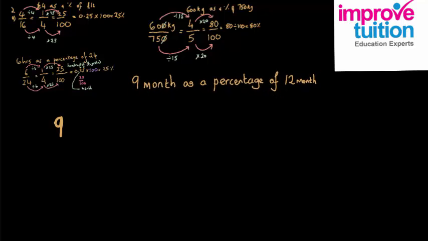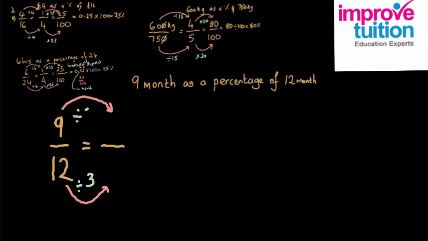What's the percentage? Well, 9 over 12 equals, well, we know that 3 goes into both of them, 9 and 12, so we divide each by 3, so 12 divided by 3 and 9 divided by 3.